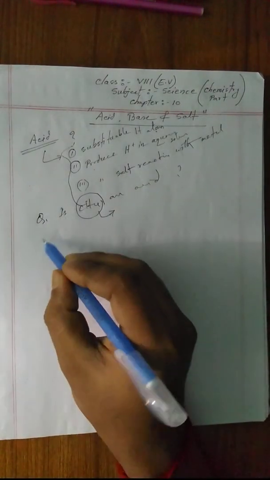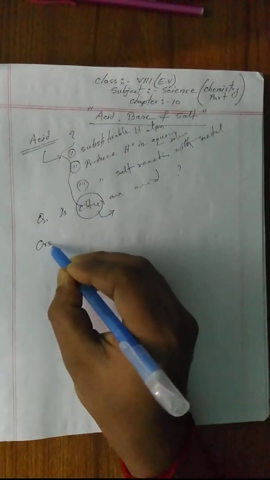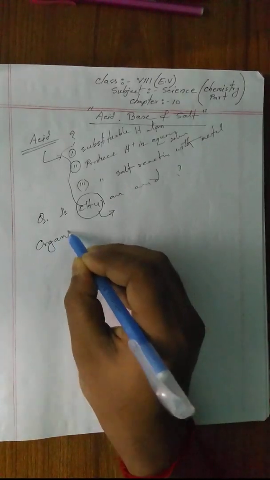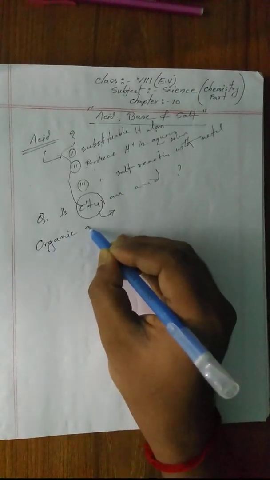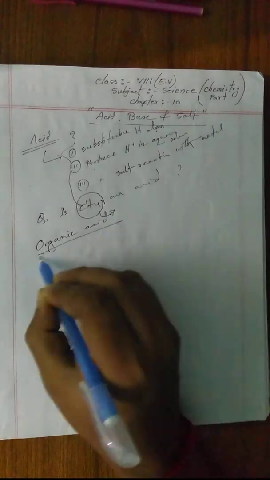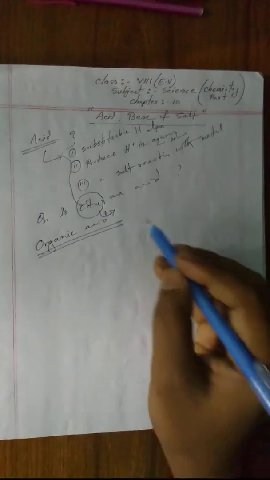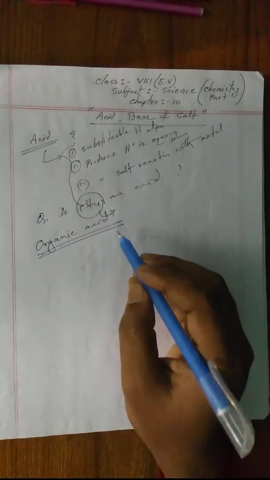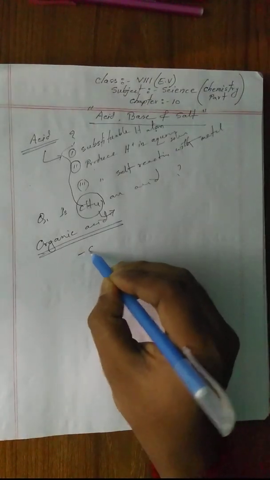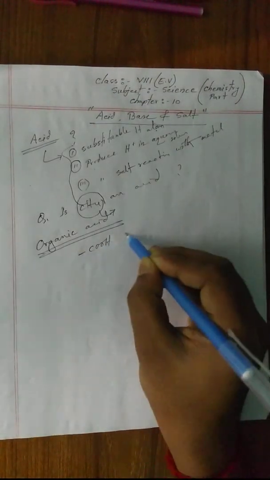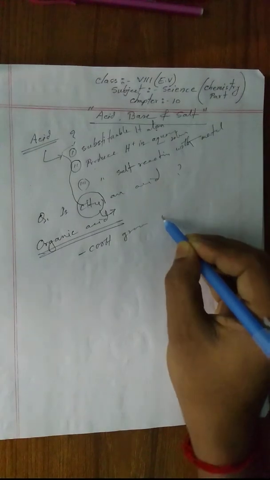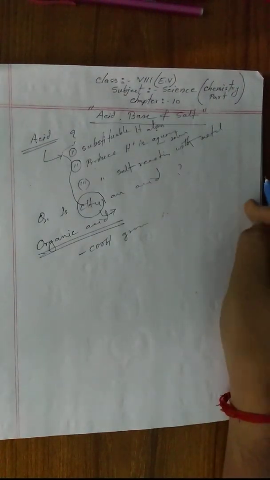Next, organic acid. The acid that contains the COOH group is known as organic acid.